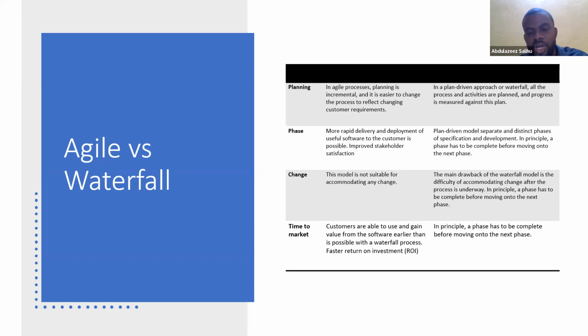The next area we want to look at is change. The adaptive model is suitable when you anticipate that your requirements will keep changing. And in real life, requirements are never static. Requirements always keep changing.